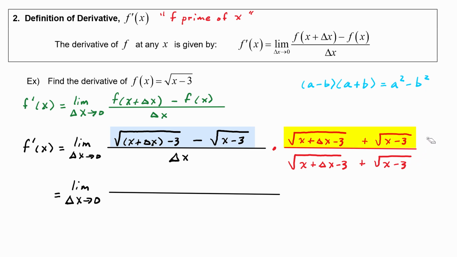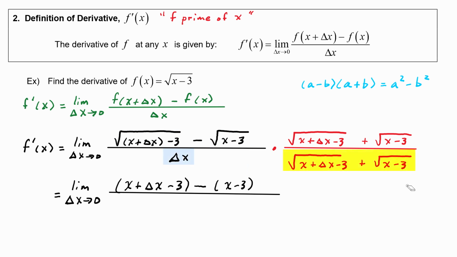This is our a plus b. So then here we will have a squared minus b squared. So squaring this first term, we would get x plus delta x minus 3. And then we have to subtract the square of the second term, which would be x minus 3.